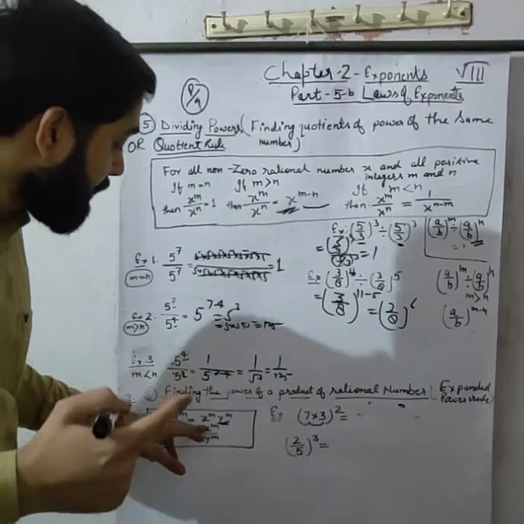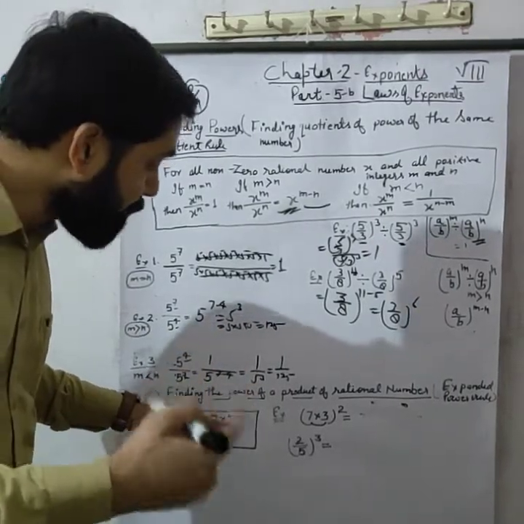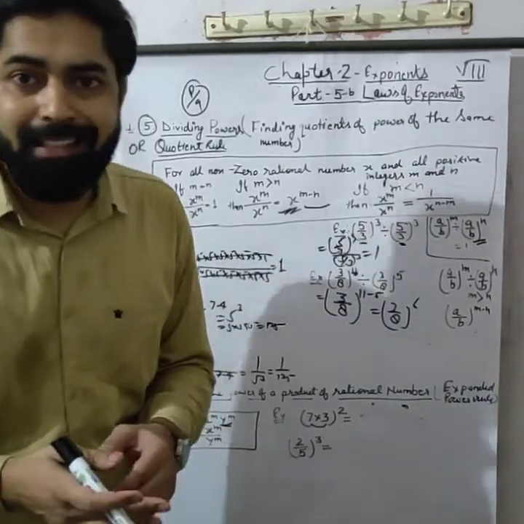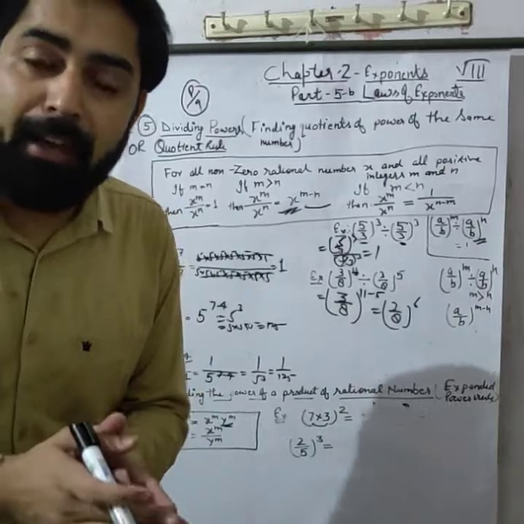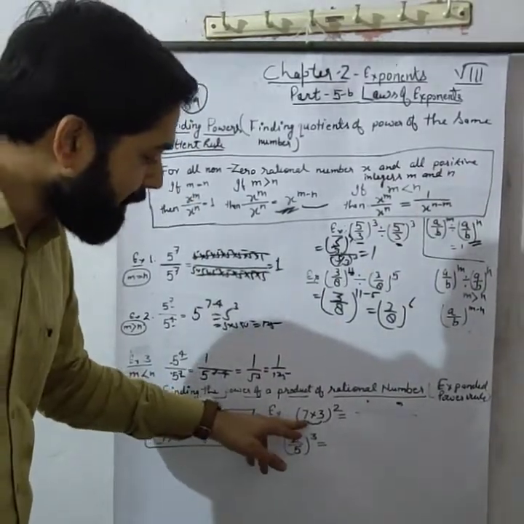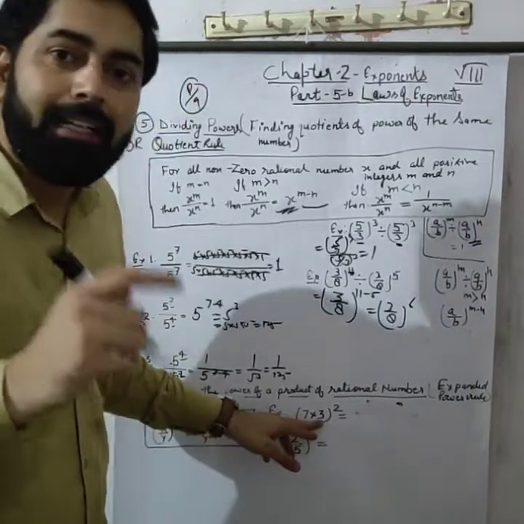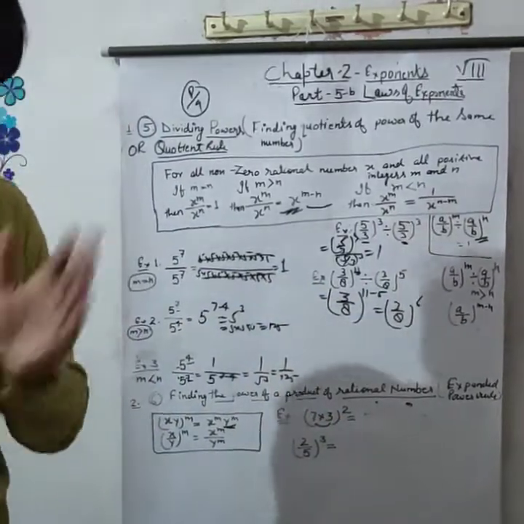We solve it in this manner: x power m multiplied by y power m. The meaning is that we first find the power of each factor and then multiply. Suppose here 7 is x and y is 3, and both are raised to the power 2, a common power.